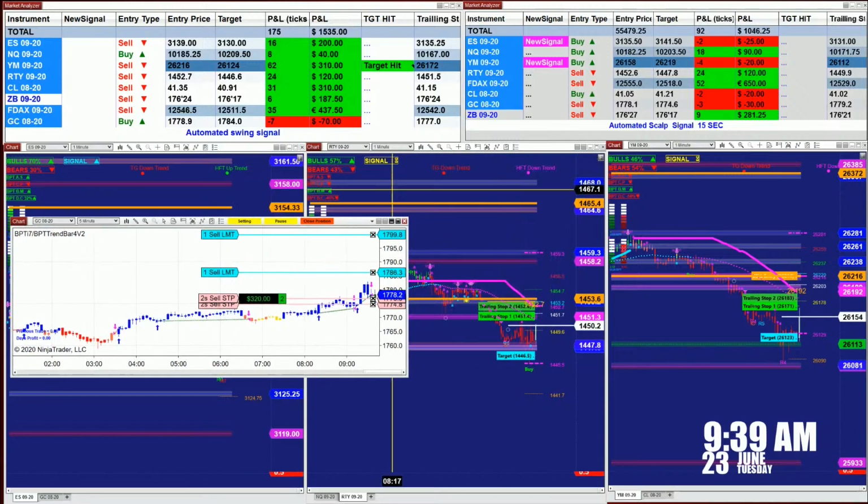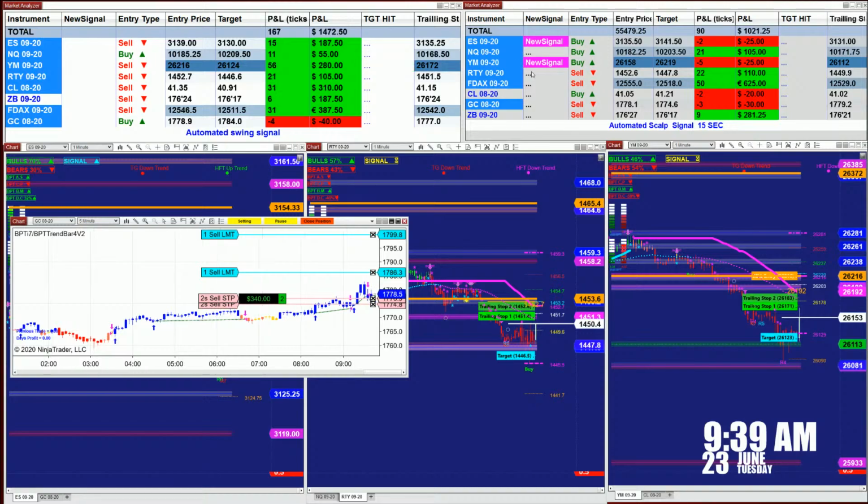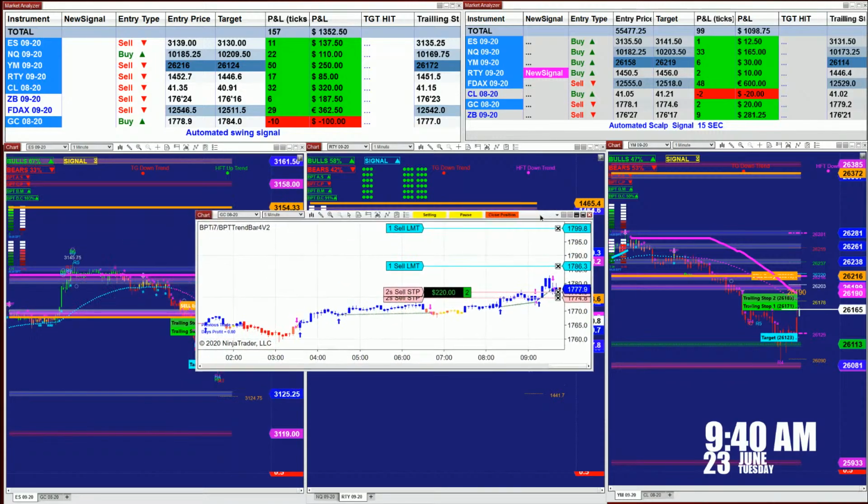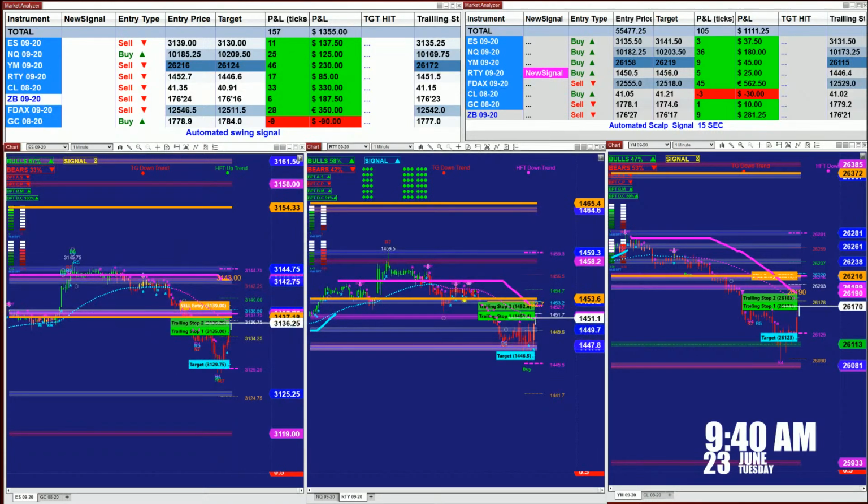As you see on the scalper, we have two signals. We just had an ES, and we have NASDAQ, and now we have the Russell, and the auto trade has already taken a trade, so we will show you the auto trade took those trades automatically. Once the new signal occurs, your auto trade will take those trades.